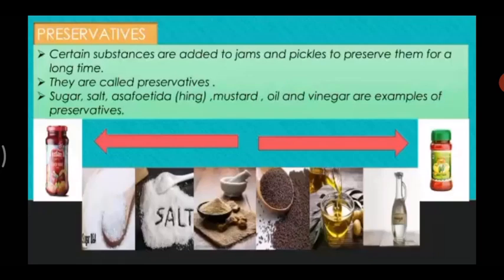So these play an important part in keeping this foodstuff in a good condition for a longer period of time. The preservatives help to keep our foodstuff for a longer period of time.